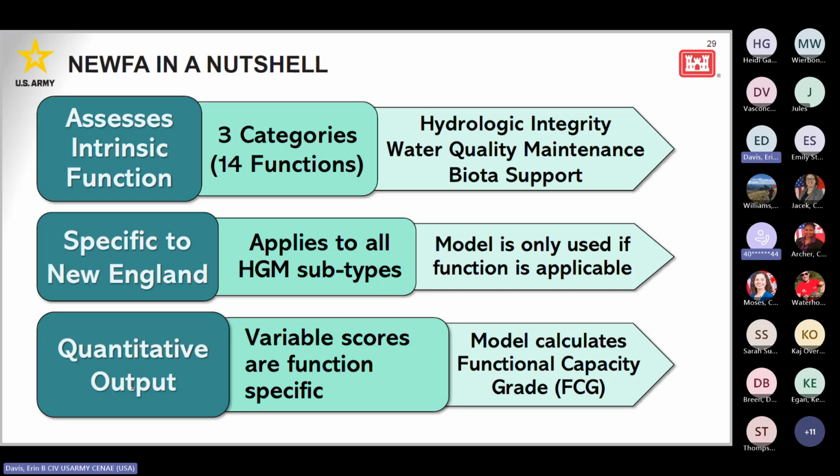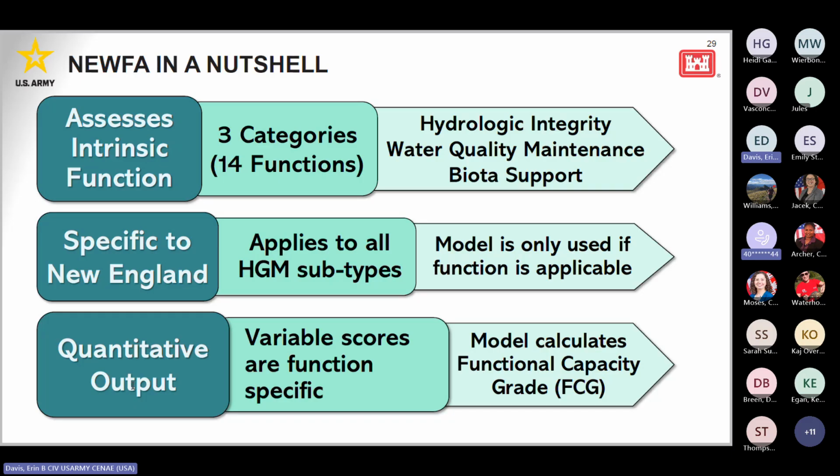NEWFA in a nutshell. So as mentioned, NEWFA is a quantitative method for assessing wetland function. It assesses the capacity of the wetland to perform individual functions. It does not assess wetland condition.